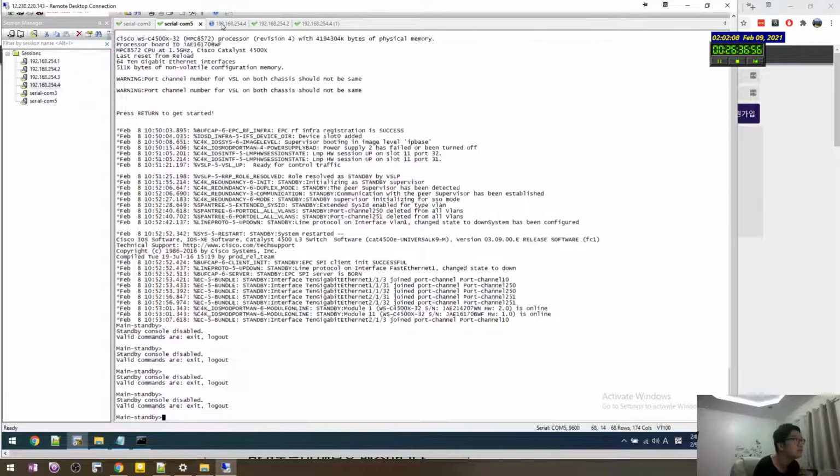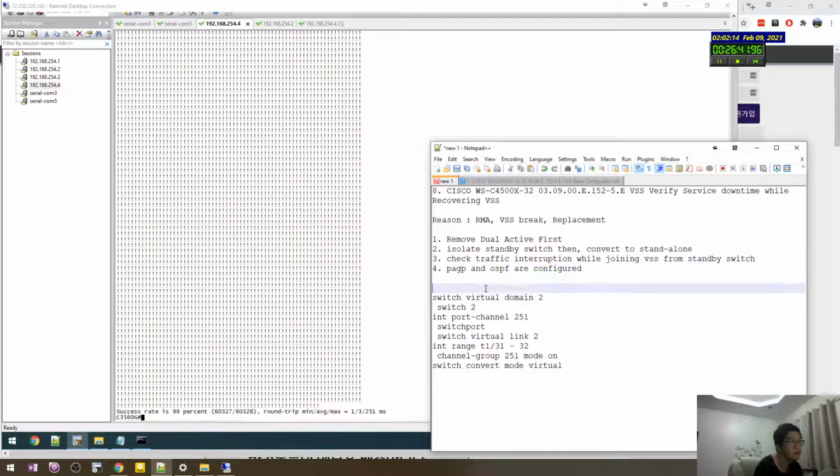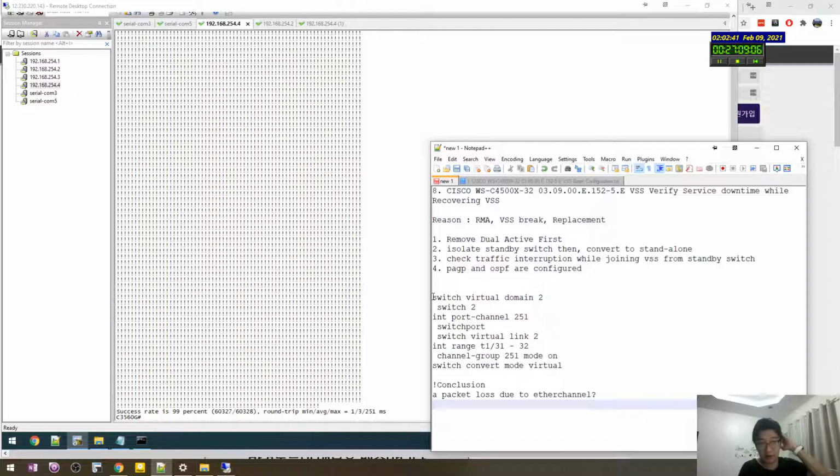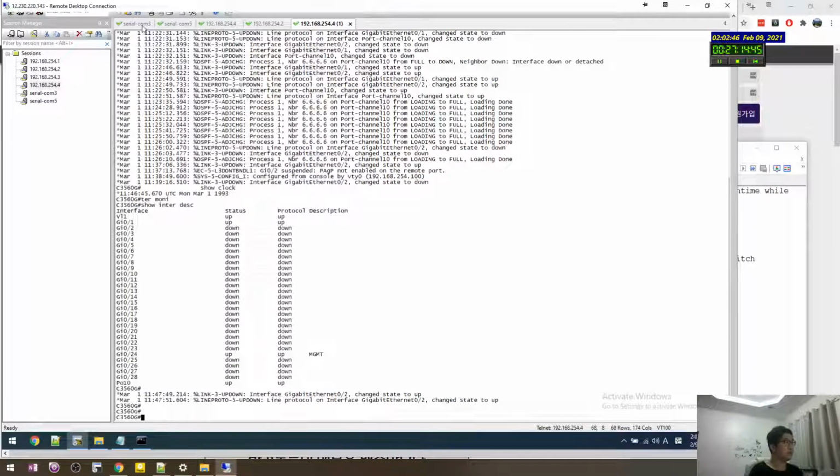Okay, this is the conclusion of the packet loss, due to either channel. Okay, it's an acceptable situation. There is no issue.